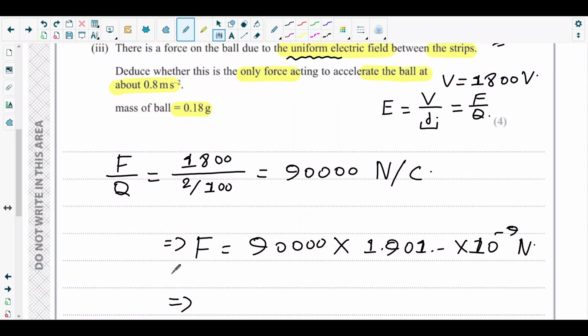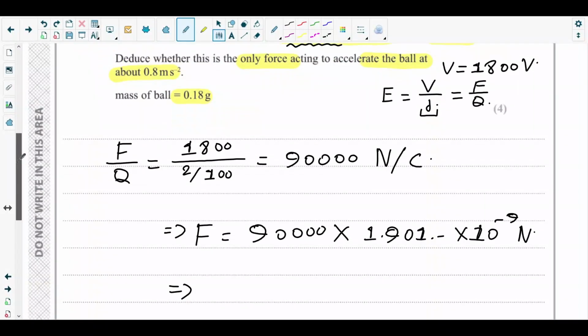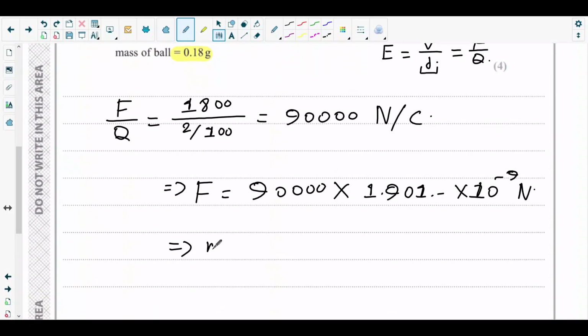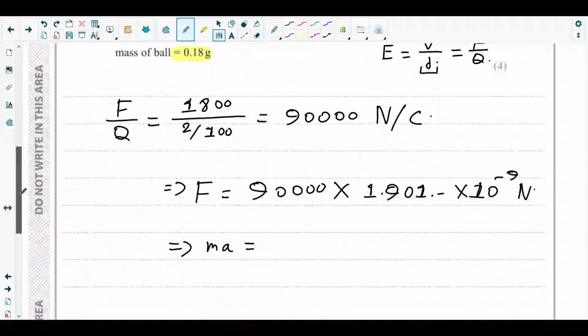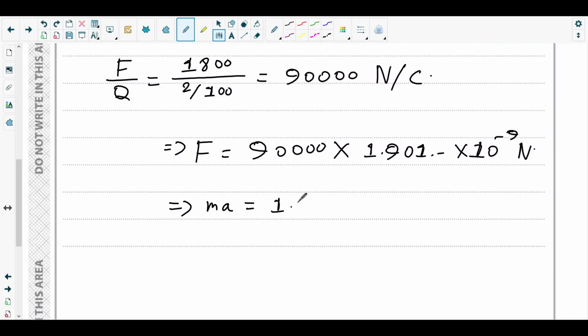So the force can be written as MA. 90,000 times the exact value for the charge, and we got the force, which is 1.71 times 10 to the power minus 4 Newton.